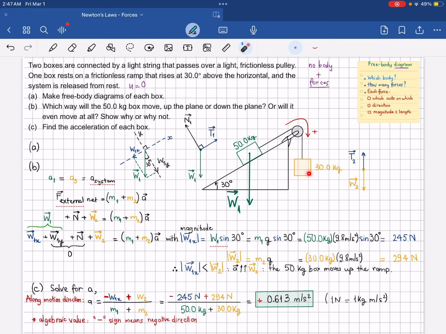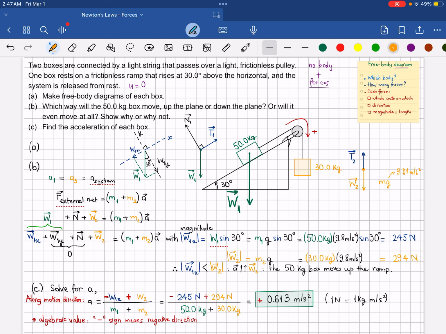Let's draw the free body diagram for this one first. So this has been discussed before, that we always have weight downward, straight downward, because the earth is pulling this one down. And due to the mass, as long as it has some mass and is in the gravitational field, then it will have some weight, which equals mg, where g is the gravitational acceleration, 9.81 meter per second squared.